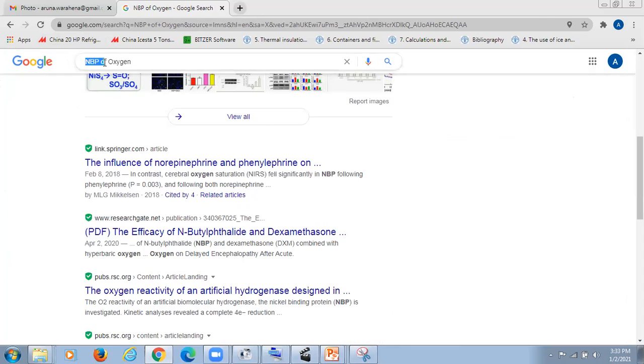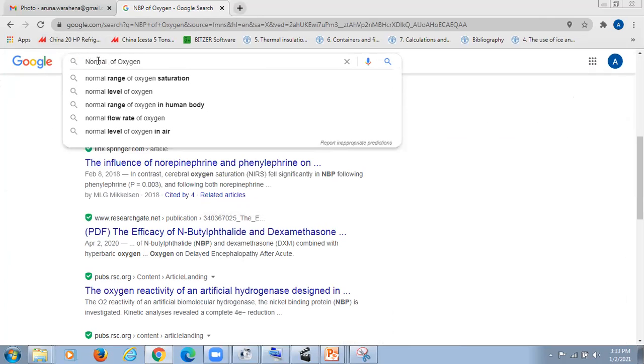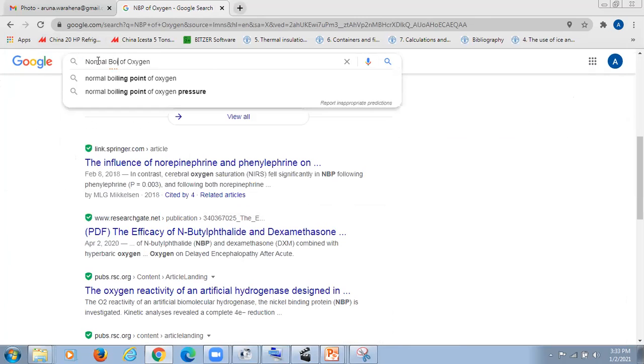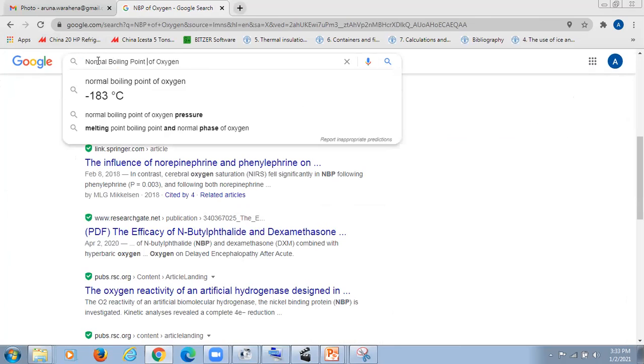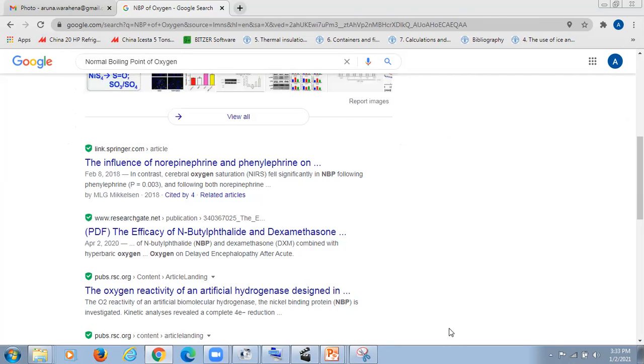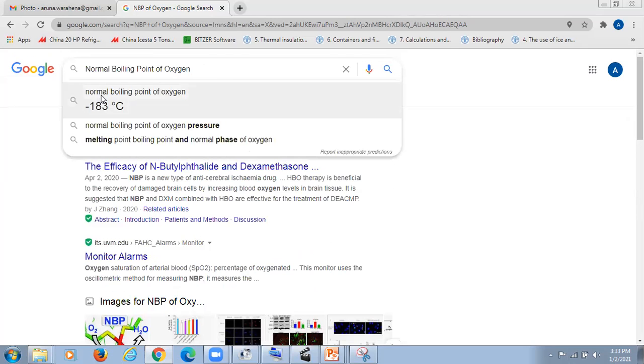I think I have to put the full wording: normal boiling point of oxygen. Am I sharing the right page? I think so. Normal boiling point of oxygen.